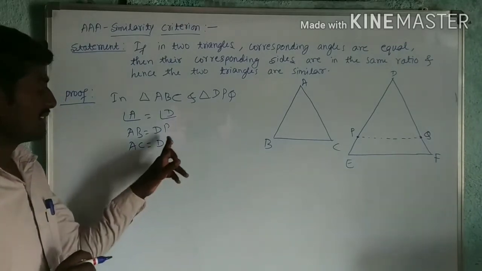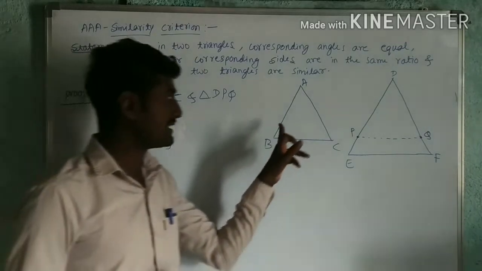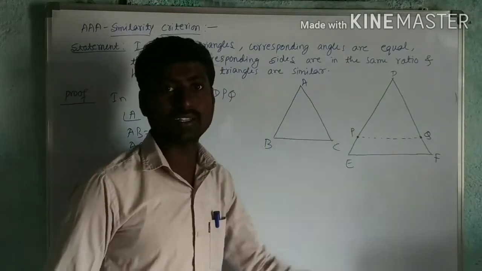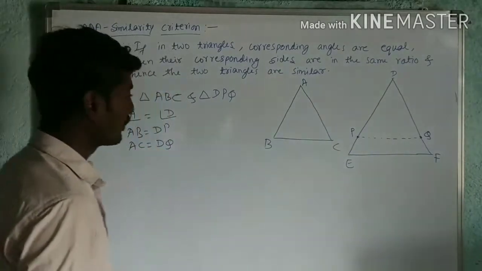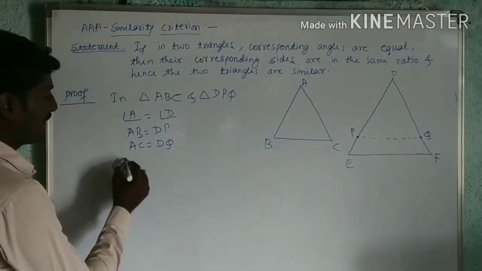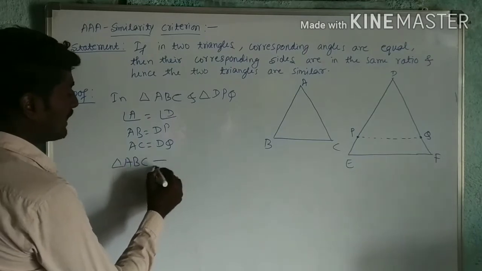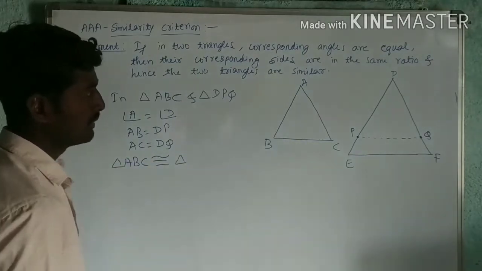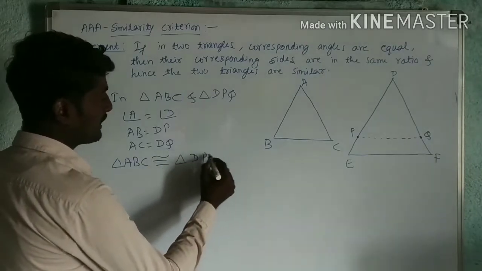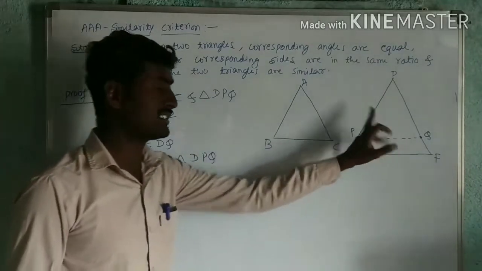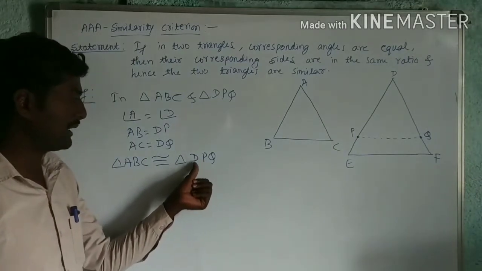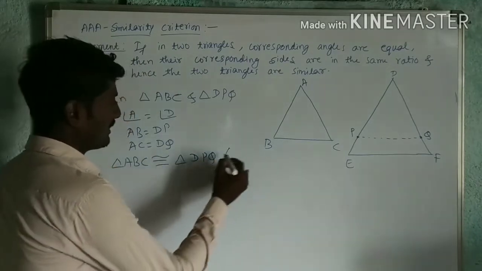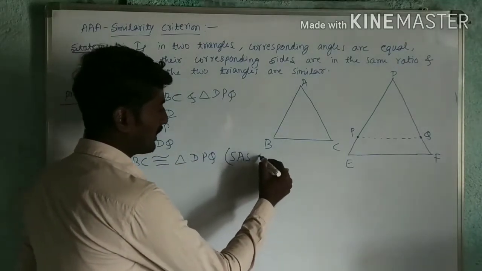Now by SAS congruency, you can say that these 2 triangles are congruent. Triangle ABC is congruent to triangle DPQ. So these 2 triangles are congruent. Here you can write DPQ also, no problem, because this is congruency. This is because of the SAS congruent rule.